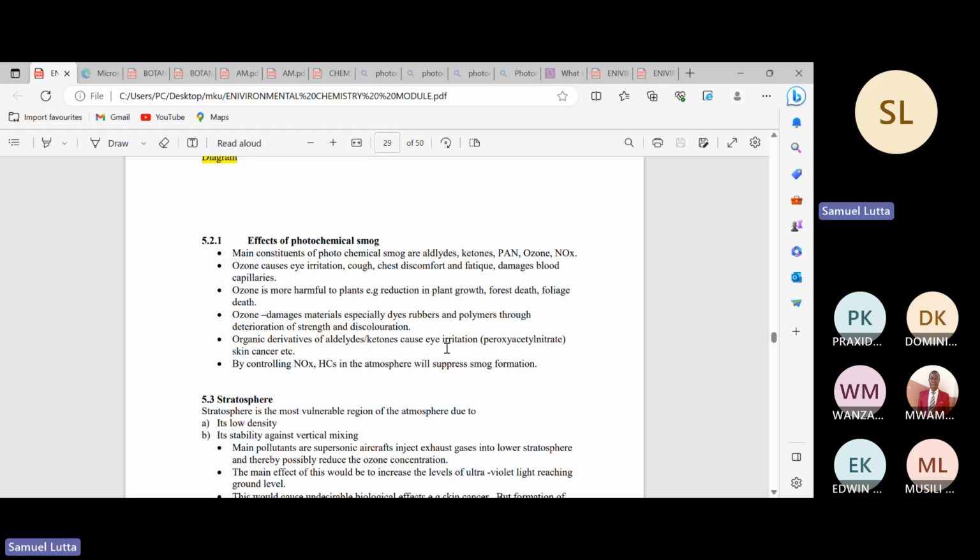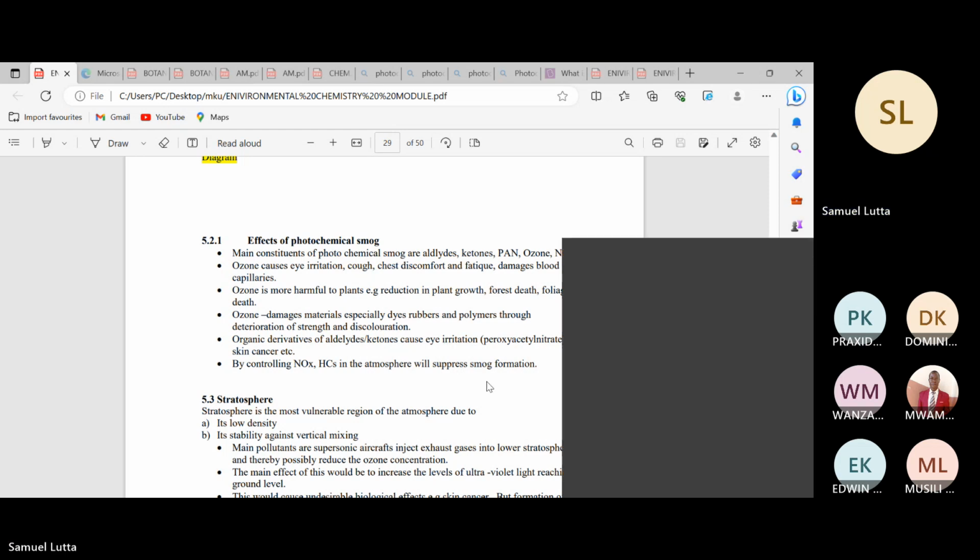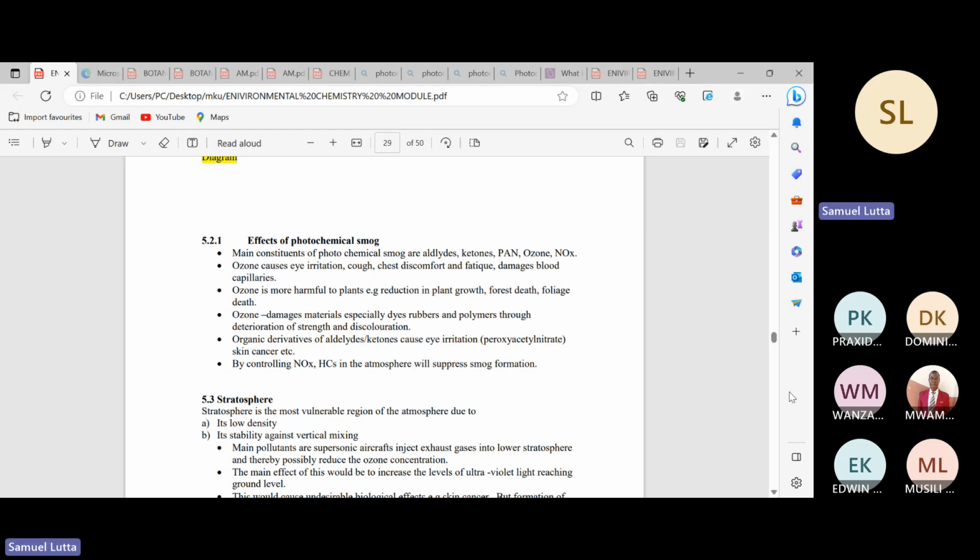The same ozone, we also saw that it can react with the hydrocarbons to form aldehydes and ketones. And these aldehydes and ketones, when they are oxidized further, form that peroxyacetyl nitrate, which irritates the eye and sometimes can also cause cancer. And then the only way of controlling this, we said, is by controlling the amount of NOx and the amount of hydrocarbons in the atmosphere to suppress formation of the smog.